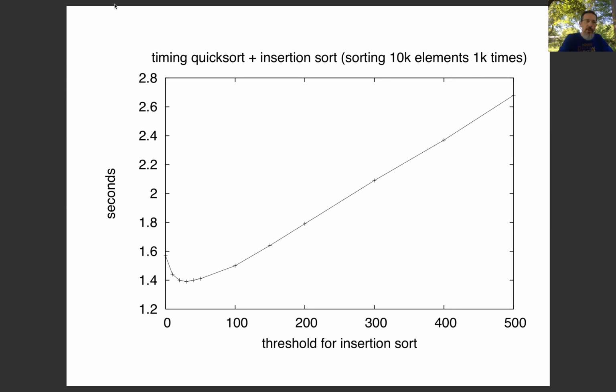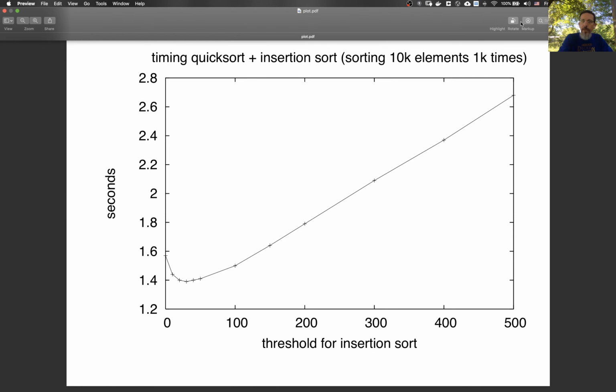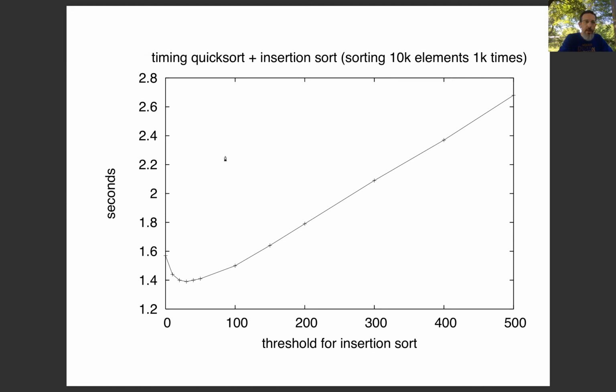Let me pull up my markup here. So what I did here was an experiment where I had an array of length n equal to 10,000. And I did this experiment 1,000 times just to get average running times, or total running times rather. The running time here is measured in seconds, and the x-axis here is the threshold for insertion sort. So in other words, how large did that subarray have to be before I called insertion sort?